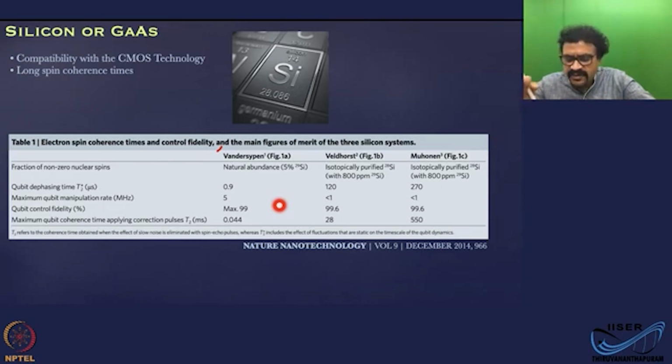I don't remember the exact number, but more than 90, close to 95% of natural silicon is silicon 28, and the rest, a few percent, is silicon 29, which has nuclear spin. So you have natural silicon that is close to 5% silicon 29, and isotopically purified silicon, which is almost silicon 28 with a few parts per million.